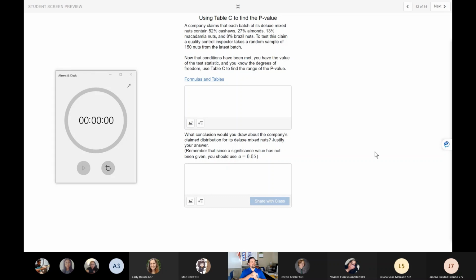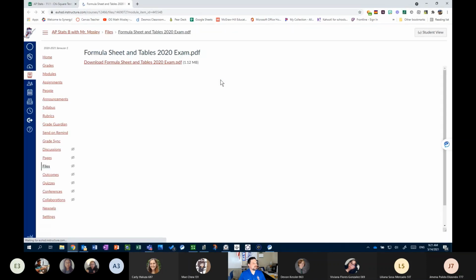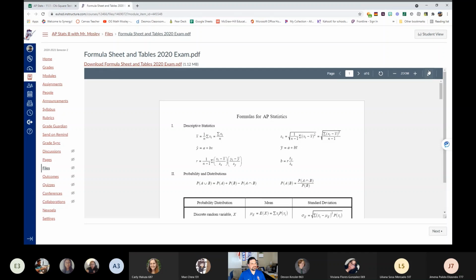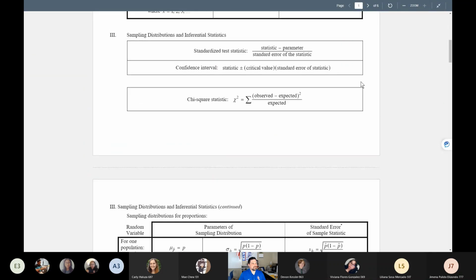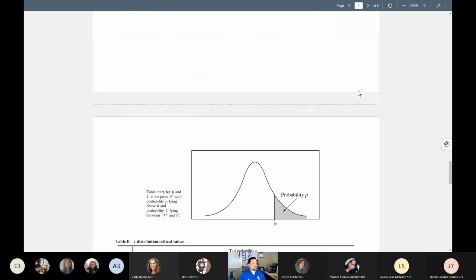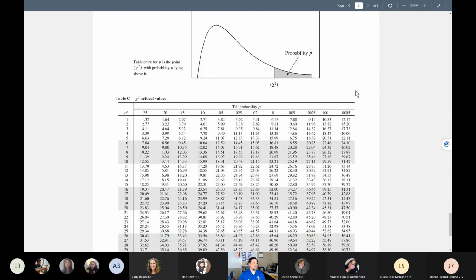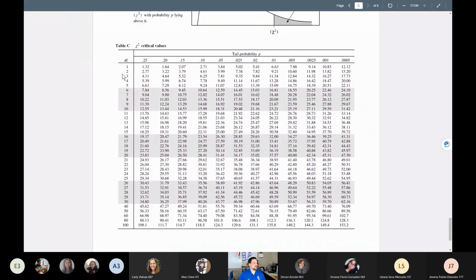So table C works very similarly to table B. If we go into our formulas and tables and go all the way to the end for table C, we have our degrees of freedom 3, and 6.599 will fall between 6.25 and 7.81.